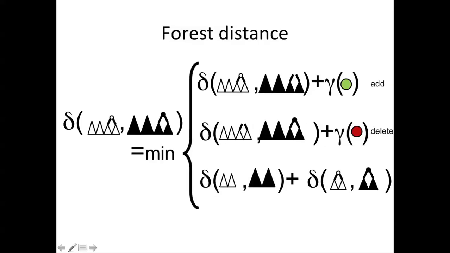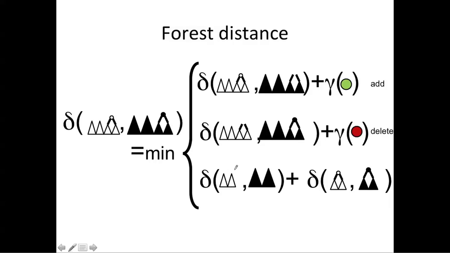But the forest definition is slightly different. It's exactly the same for inserting or deleting, but in order to preserve the ancestry relation, the head node is only swapped if the rest of that particular tree, for which there are key roots, is also preserved.